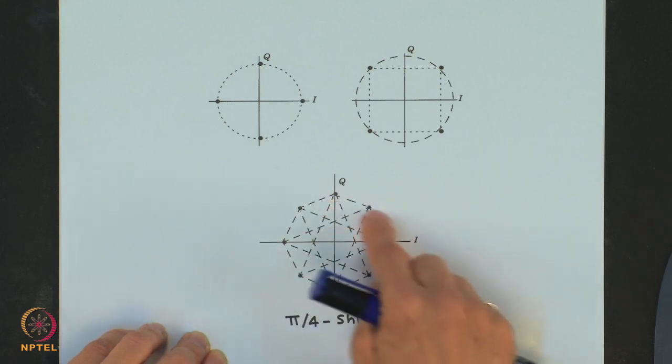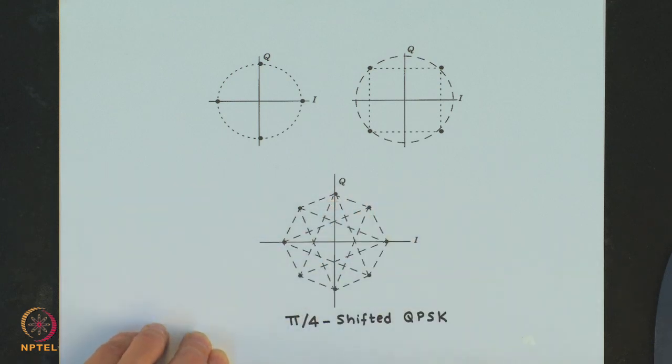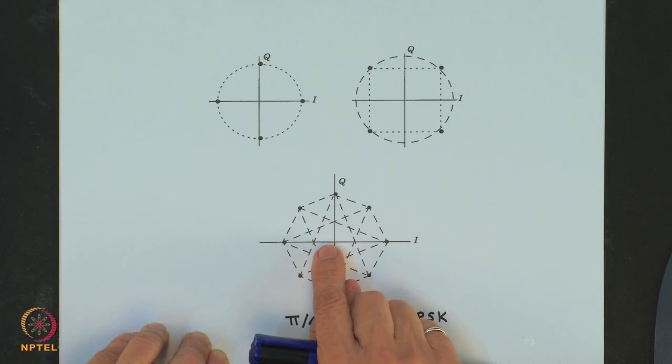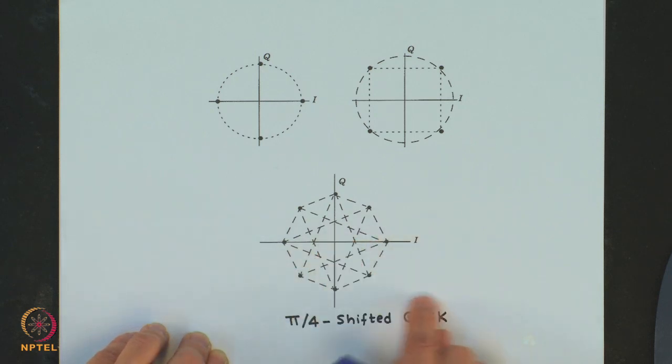So, this version of QPSK will give phase changes in the modulated carrier signal which are plus minus pi by 4 and plus minus 3 pi by 4.